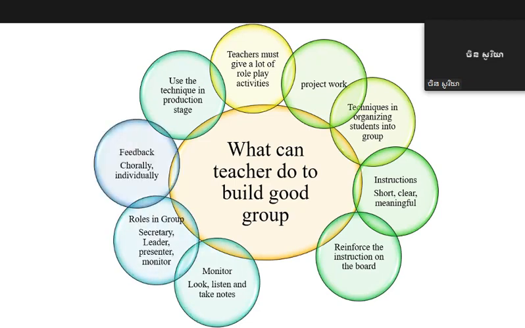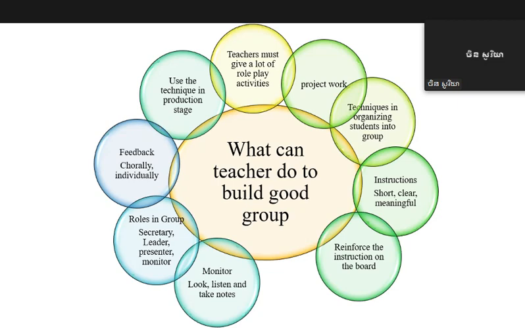I will respond to the last question of our group. The question is question 11: what can a teacher do to build a good group, and describe three activities aimed at improving group dynamics.